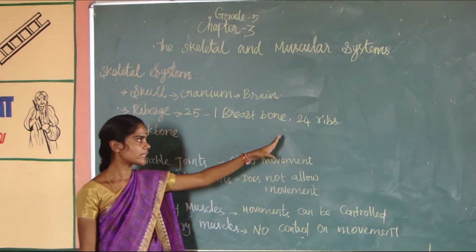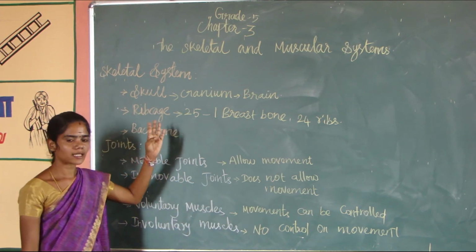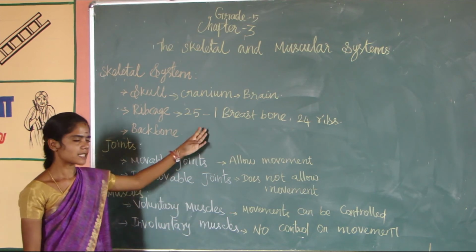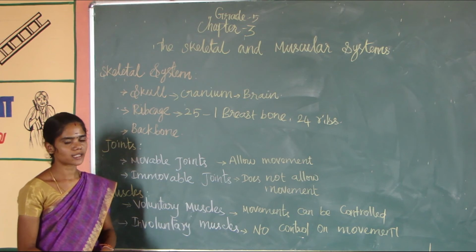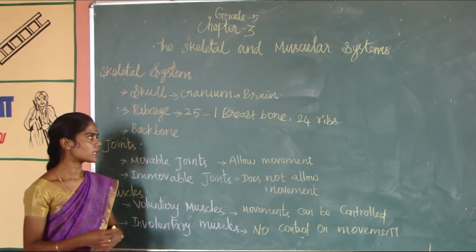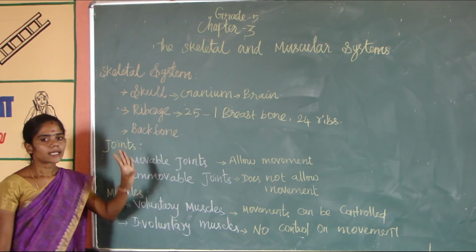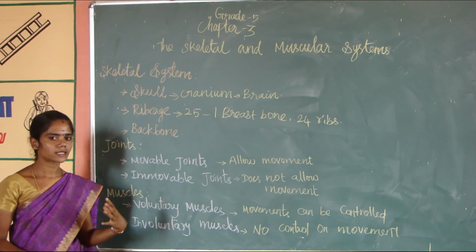Of these, 22 ribs are connected to the breastbone and the last 2 ribs do not connect to the breastbone. So they are called floating ribs or false ribs. Why? Because they are not connected with the breastbone. What is the use of the rib cage? It protects the internal organs like our heart and lungs.